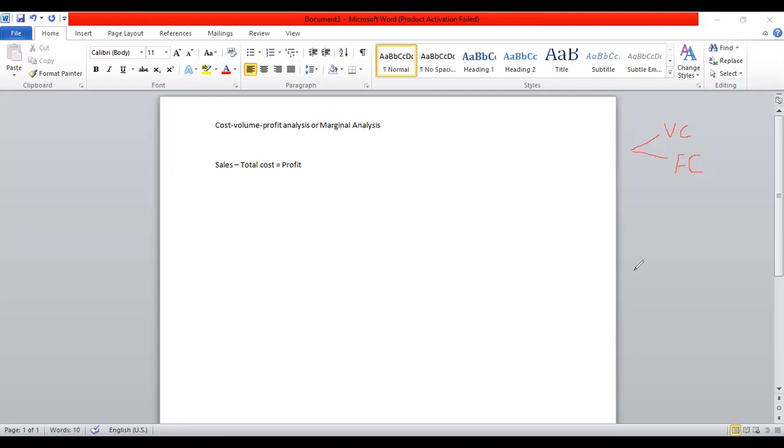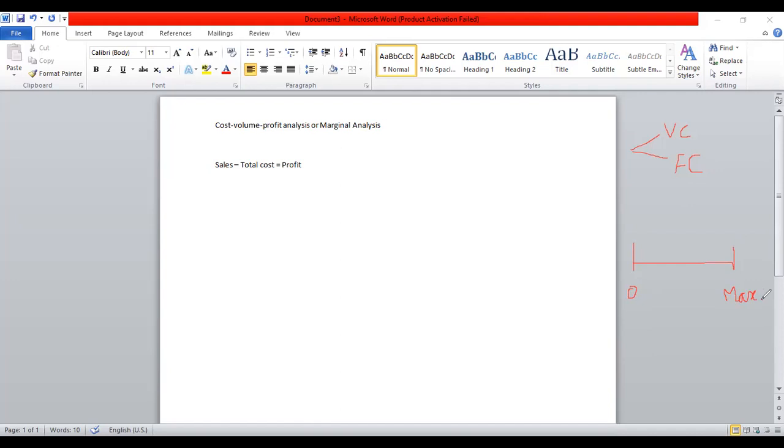What does it mean? Let's say they have a maximum capacity. Starting from zero number of units till the maximum capacity, the cost is the same. It would not change.